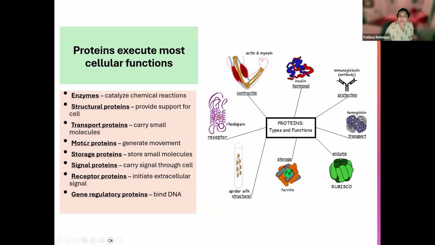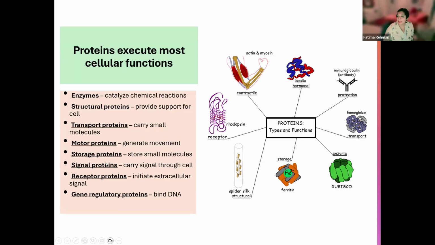They also have transport and motor proteins that can carry molecules from one place to another and generate movement. Then you have storage proteins that can store small molecules of various types within them. And then you have proteins involved in signaling and regulation.